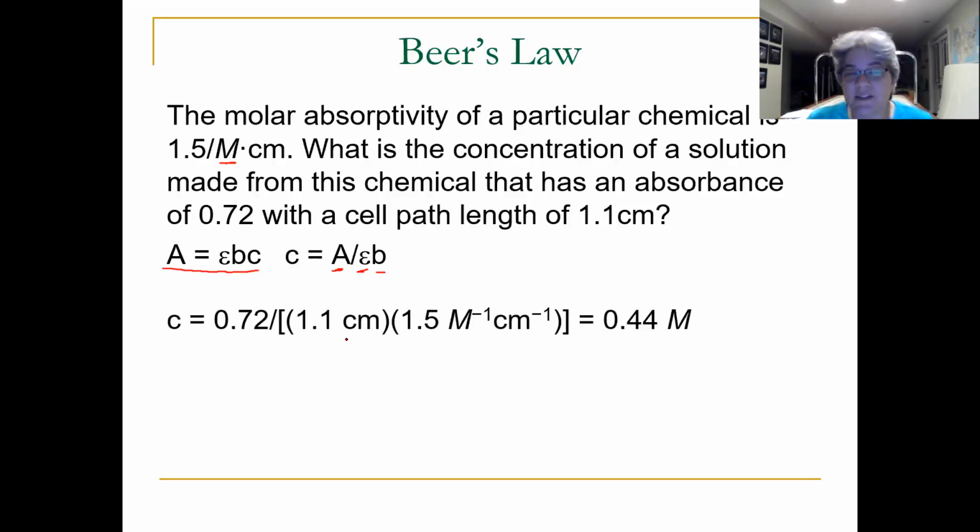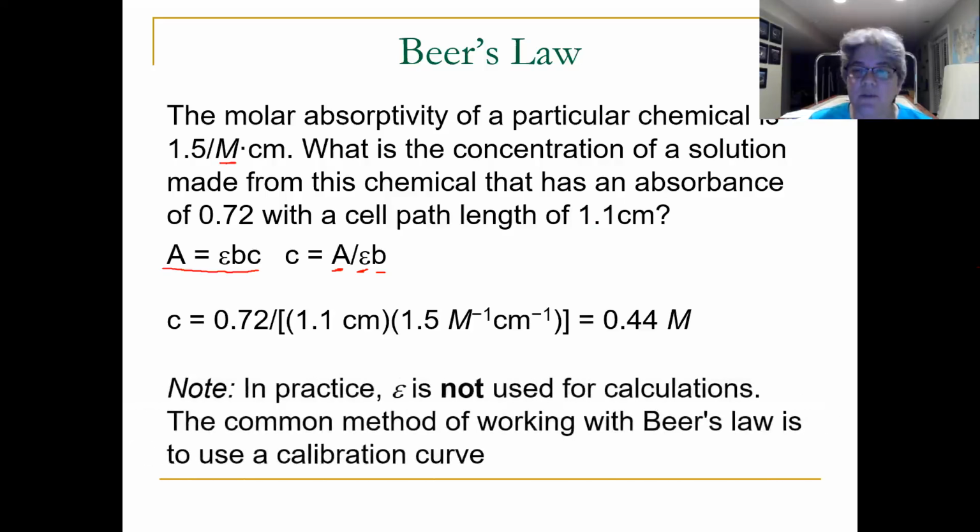So this is a very simple, straightforward calculation. Now, in real life, you will never do a calculation like this. Here they have given you the value for absorptivity, probably from the literature, and you can never use this number from the literature because sometimes you'll be doing your measurement under slightly different conditions, and so the number you would get in the lab would be a little different.